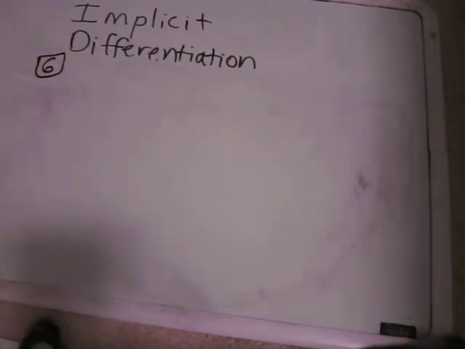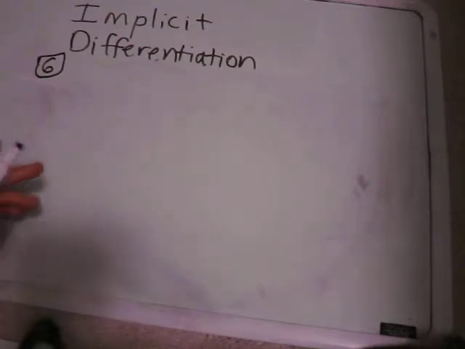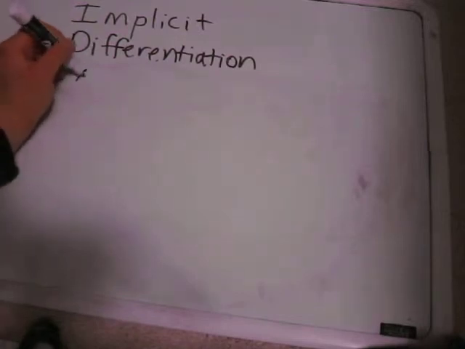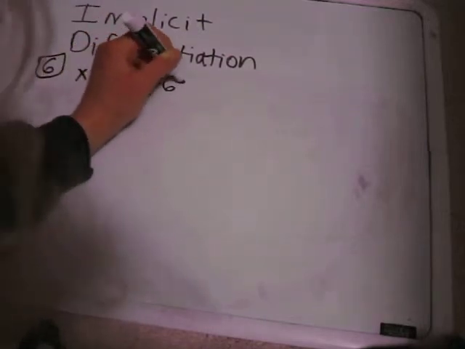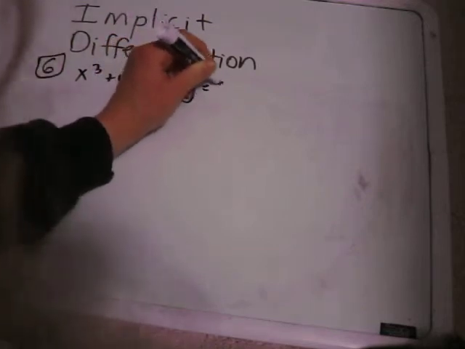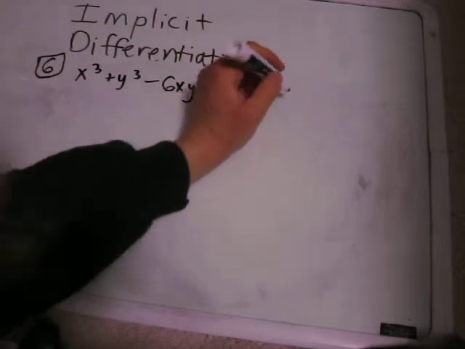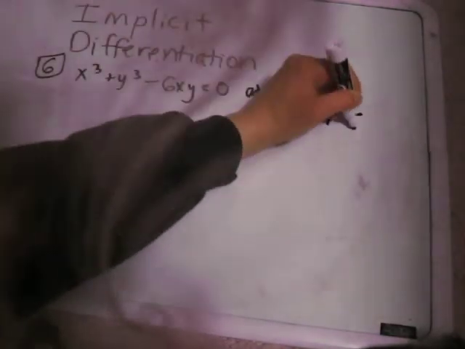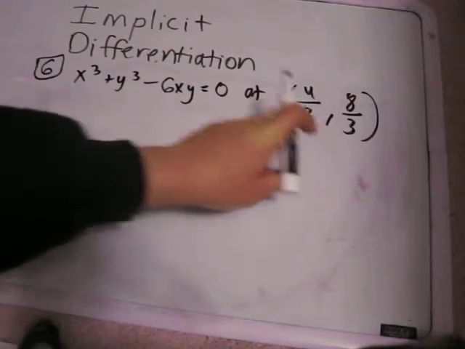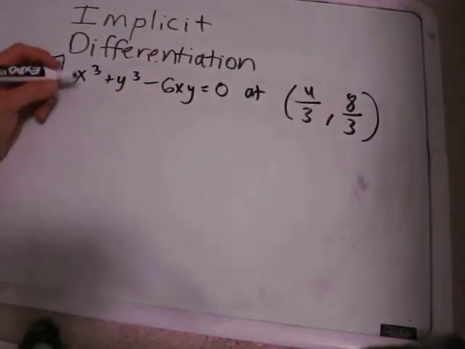This time we have to find the slope of the tangent line, which is just another way of saying dy/dx, for x cubed plus y cubed minus 6xy equals 0 at the point (4/3, 8/3). And we're just assuming that that point falls on the function here. You can plug it in to check if you want to, but you don't have to.